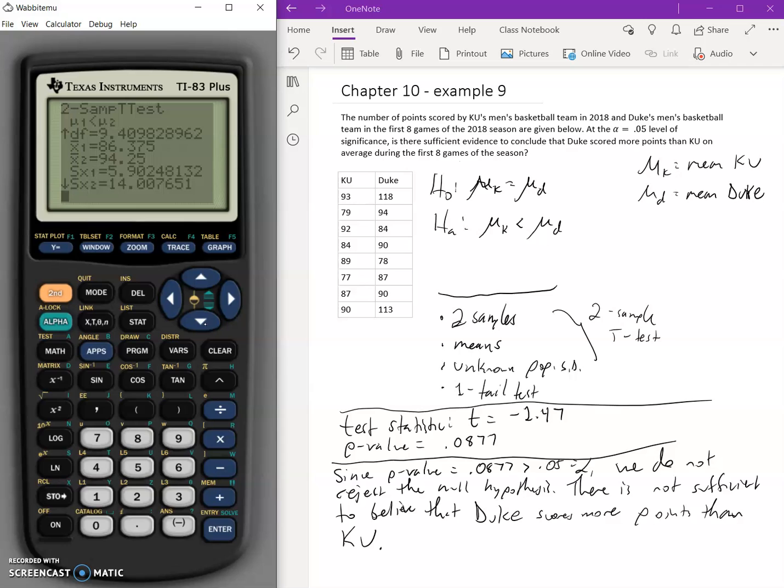These are really large standard deviations, so we can't really chalk it up to Duke being significantly more high scoring than KU because we have such a large standard deviation. So this is something where if you collect more data, then you might be able to make a better conclusion on this, because we feel pretty good that indeed Duke does score more points than KU.